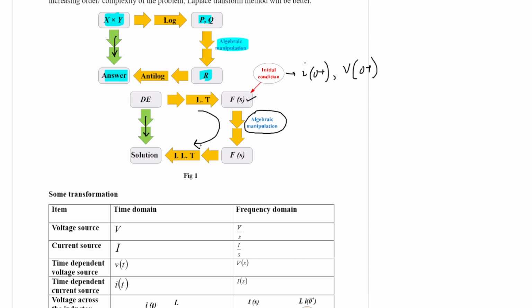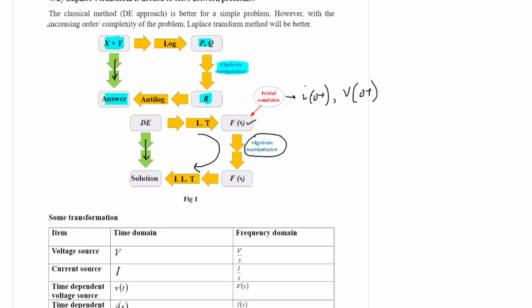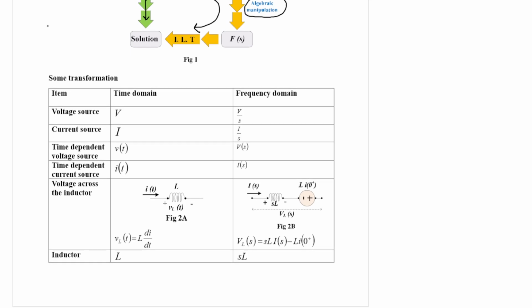It will save your time and effort very much. So this is a comparative analysis. Why should we use the Laplace transform technique? That means, why not always use the time domain approach? Because it will take a large time to solve a problem of higher order. So the Laplace transform technique is a better technique to solve these issues.